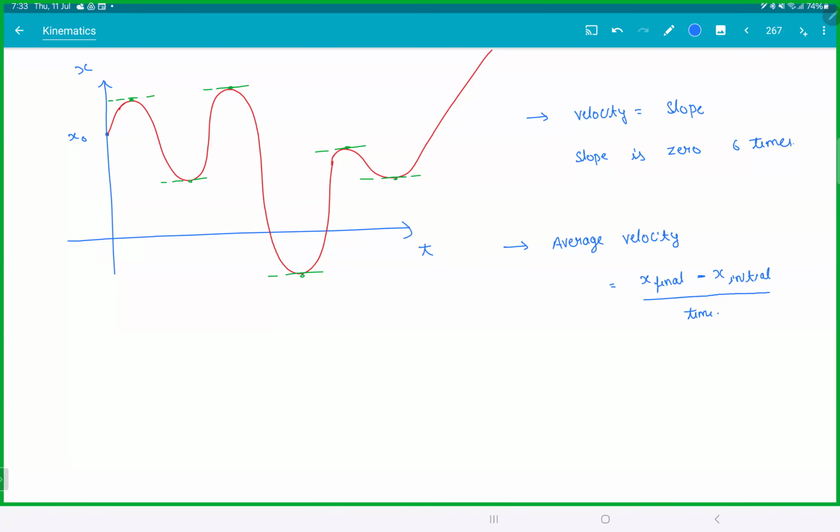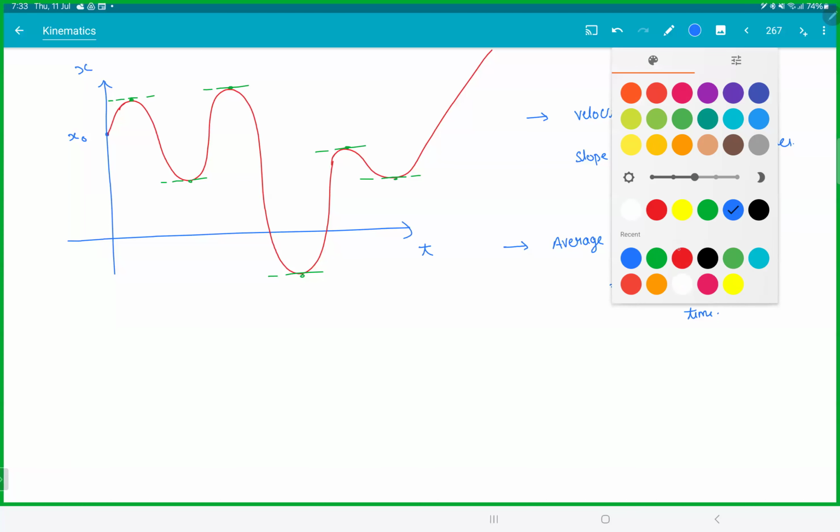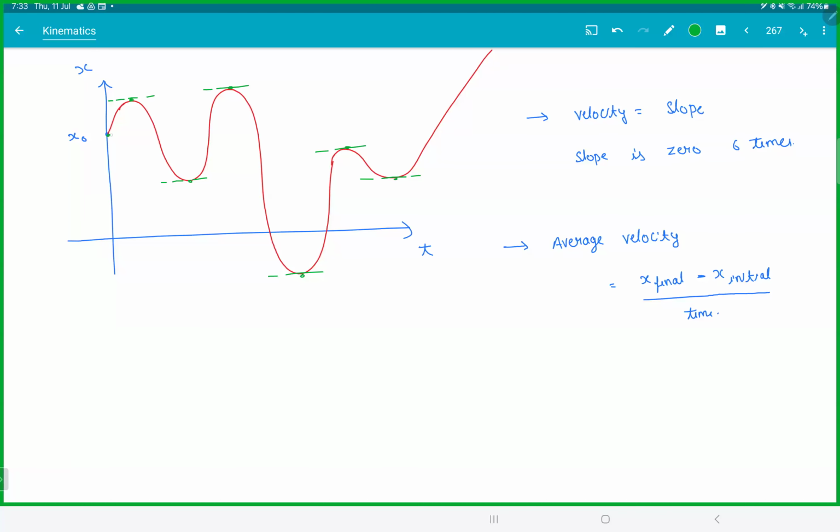So here I'm indirectly asking you how many times you come back to the same position. So here you're starting at x naught. So ask yourself, people think like this, I'm not asking you how many times you cross the origin. You're crossing origin 2 times. That has nothing to do with the question. Displacement should be 0.